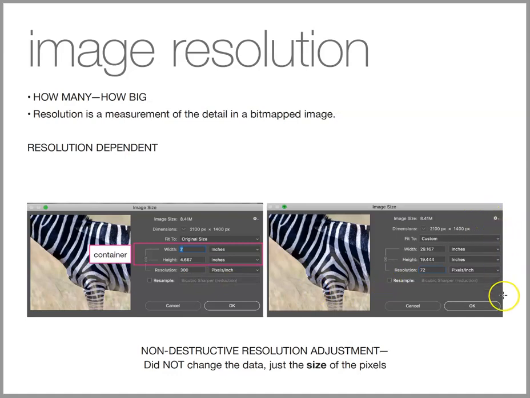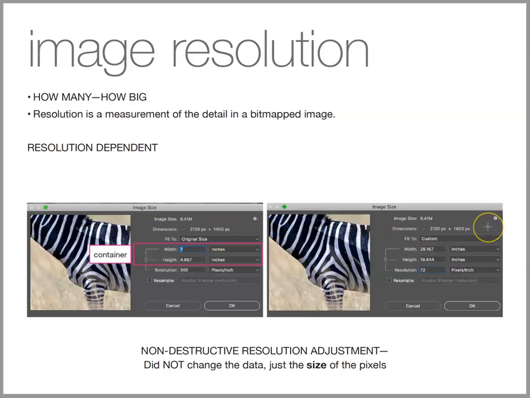Now, over here, you can see that I changed the size of my container. Okay? I changed the size of my container, and I changed the size of my pixel. I did not change how many pixels I have. This is the same over here.